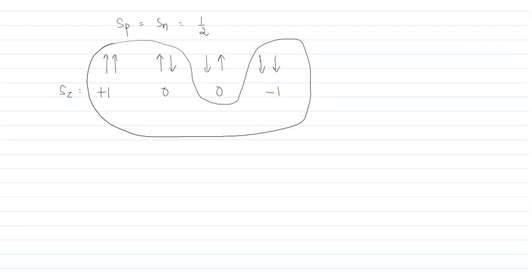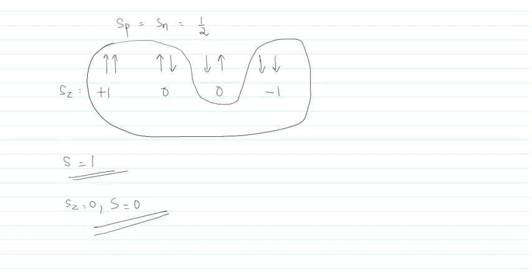If I take all these three projection values as a single group, I can say that these values arise from S equal to 1. S equal to 1 can have projections plus 1, 0 and minus 1, all quantized in units of h cross. And the value SZ equal to 0 can also come from S equal to 0. So when I have two spin half particles, I have an option that S can be 1 and S can be 0.